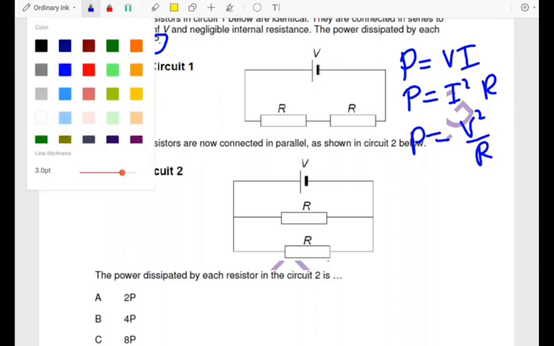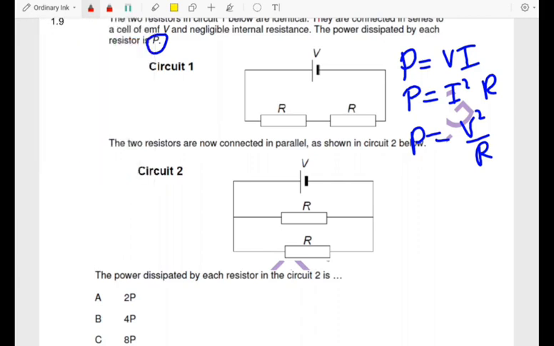For example, I'll say the voltage is 4 volts. The resistance is going to be 2 ohms. Okay. Now, which means also the resistance there is going to be 2 ohms.